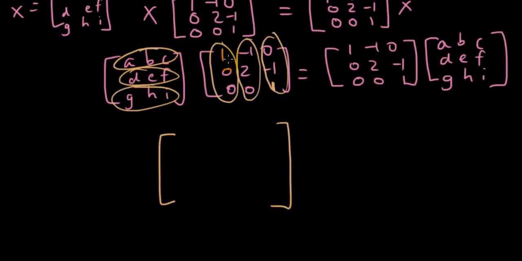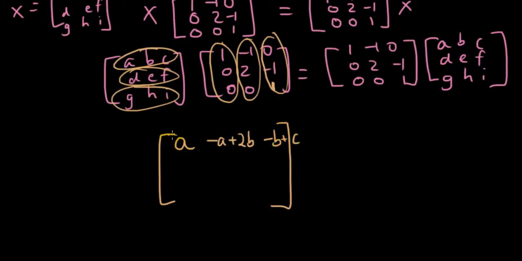So first row times first column, so it's just a, and then first row second column becomes negative a plus 2b, and first row third column becomes negative b plus c.